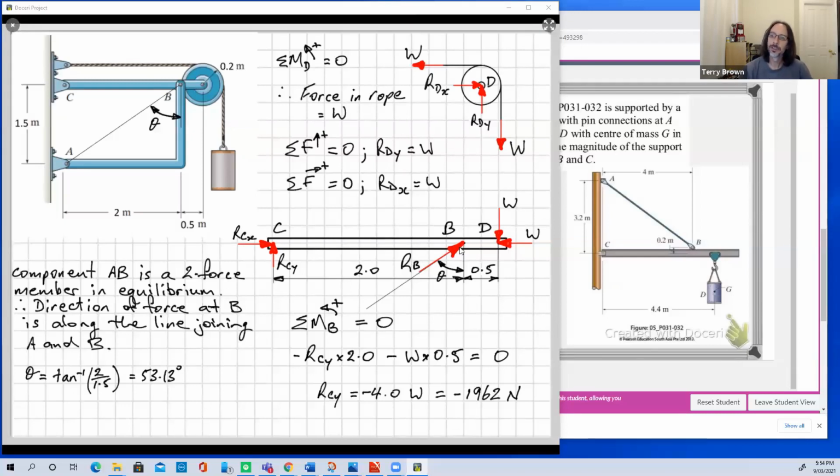I can actually take moments about B in this case and calculate for RCY as my one unknown because RCX passes through point B. Yeah, Nicholas got it. Not quite divided by 4. Oh, okay, you divide by, so it's 0.5 divided by 2. Yeah. Right. So you win the prize. I don't know what the prize is.